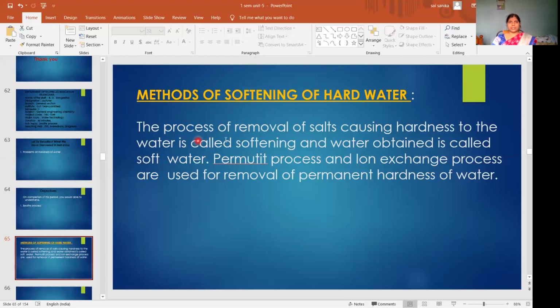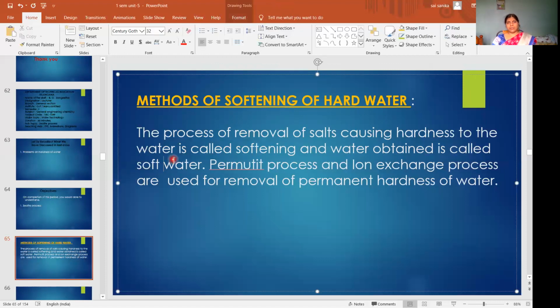The process of removal of salts causing hardness to the water is called softening, and the water obtained is called soft water.